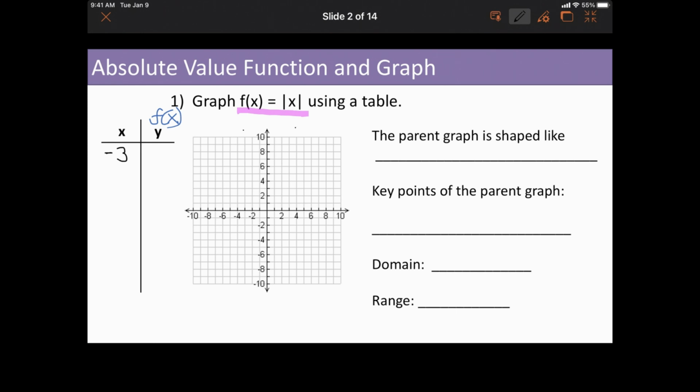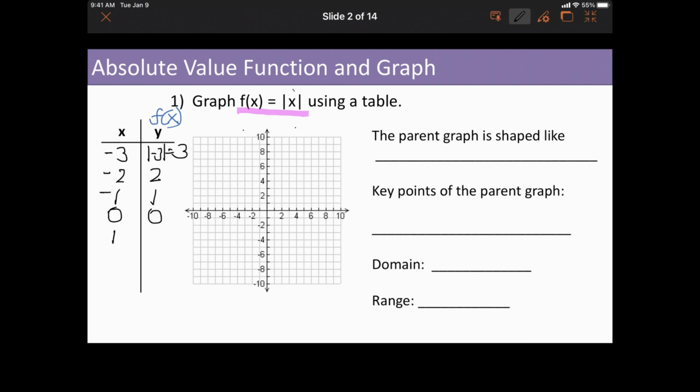On the left isn't always on the right, and they could change. So when you put -3 into here, what happens? The absolute value is going to make it positive every time. So when I put -2 into our function, it's going to come out 2. -1 is going to be 1, 0 is going to be 0.